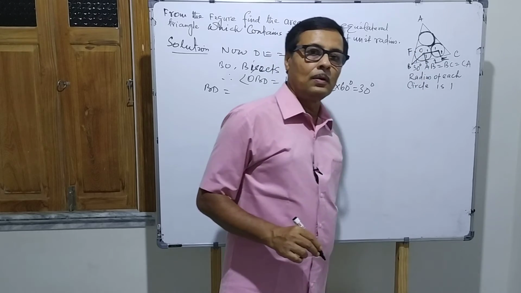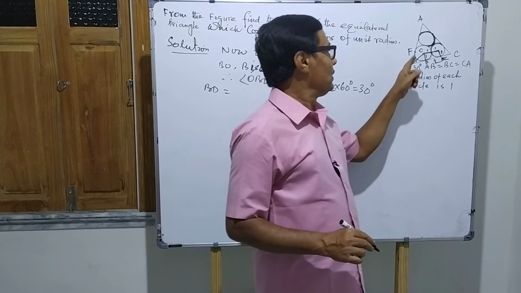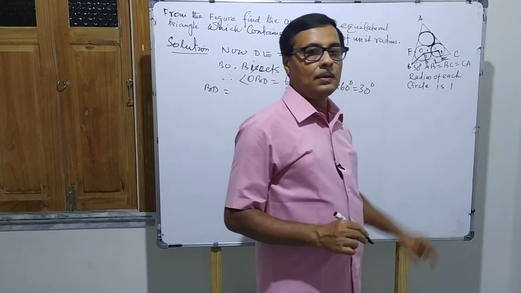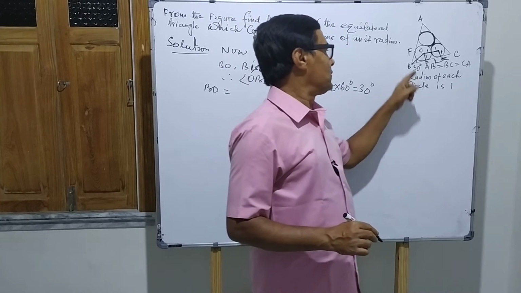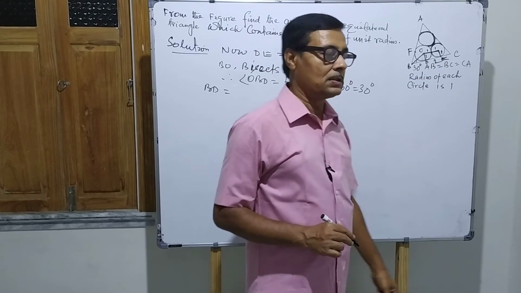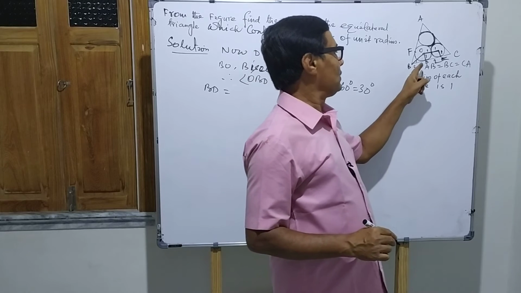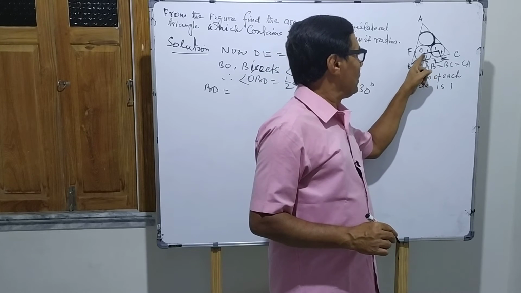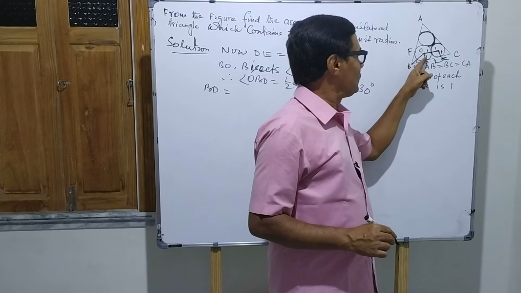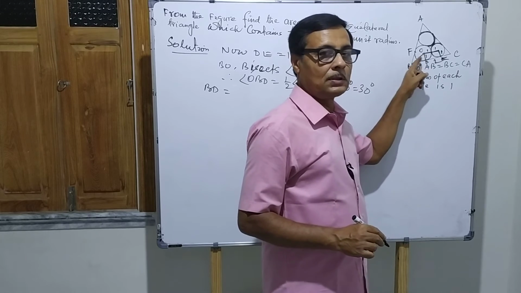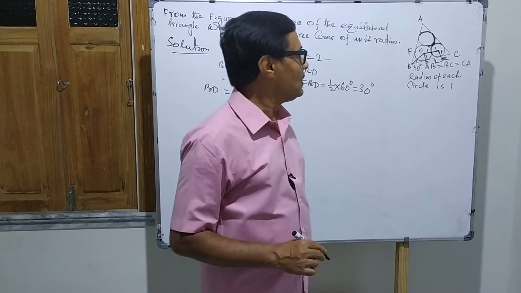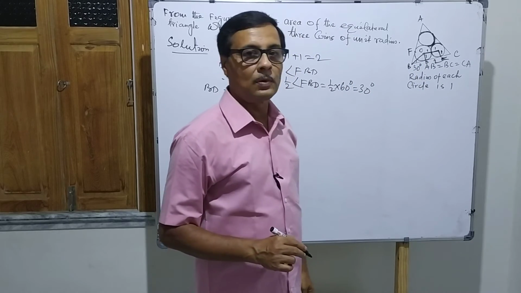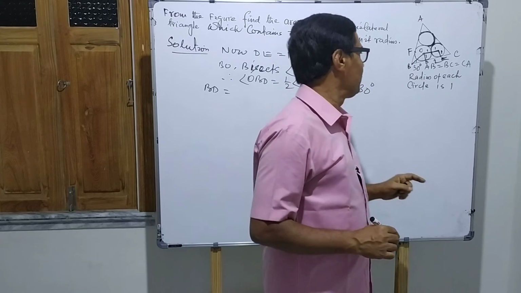We have already known from a theorem that the line connecting the center and the point of contact is perpendicular to the tangent. So the radius passing through the point of contact is perpendicular to the tangent. We have known this result from a geometric theorem.